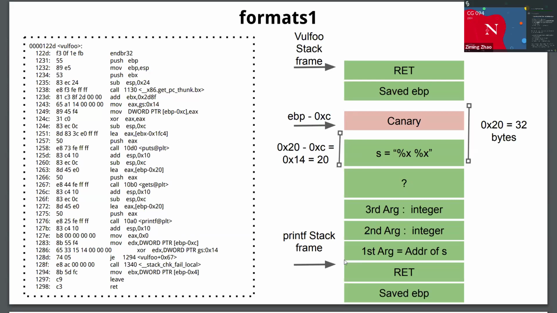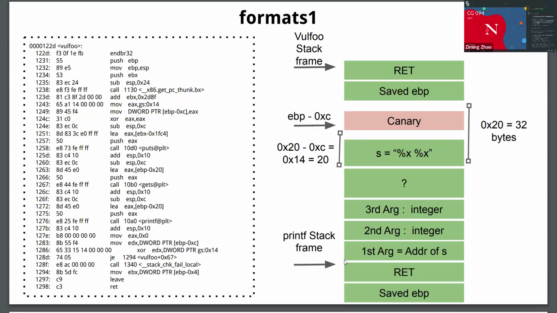From printf's point of view, it believes it has three parameters, right? The first parameter is the format string itself. The second parameter is an integer corresponding to the first %x. The third argument corresponds to the second %x.